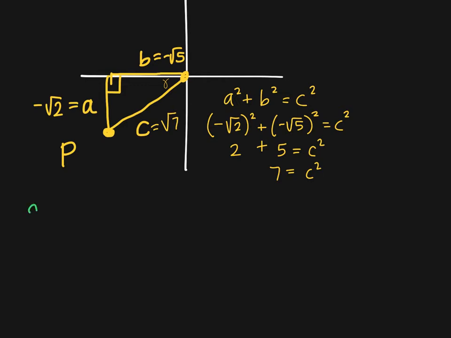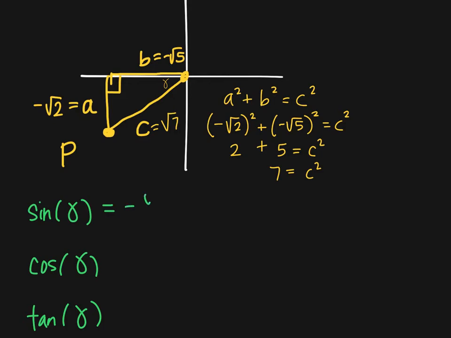And so we would have sine of gamma, cosine of gamma, tan of gamma. You should be able to get the opposite and the adjacent values from the picture now that you've created it. So the sine of gamma should be the opposite over the hypotenuse, which is negative rad 2 over rad 7.